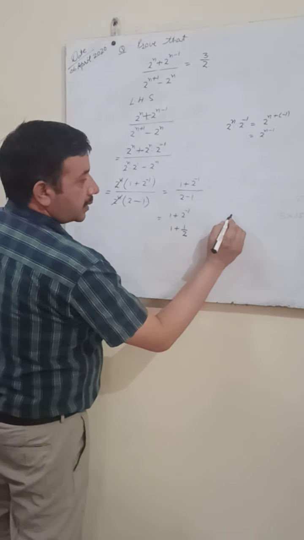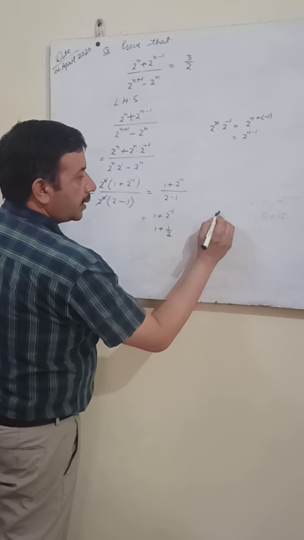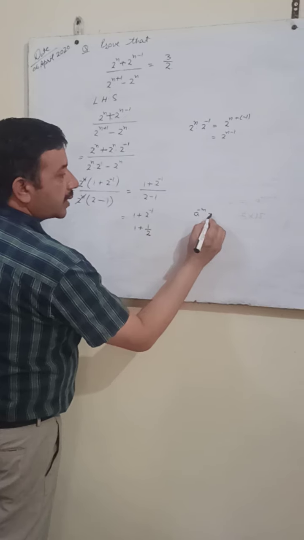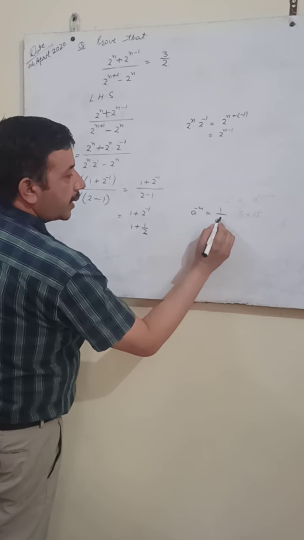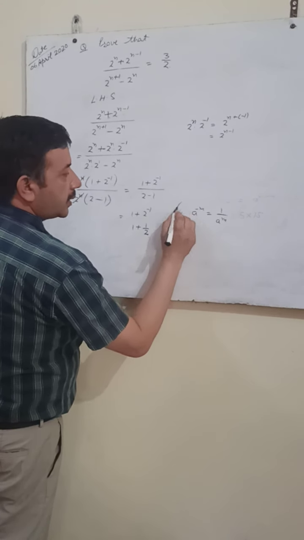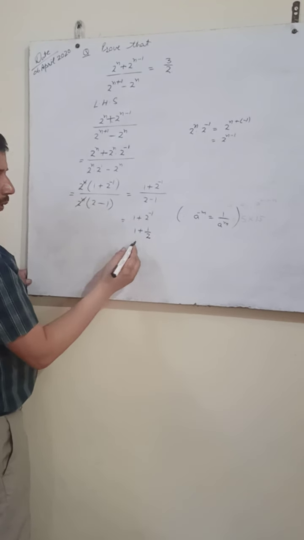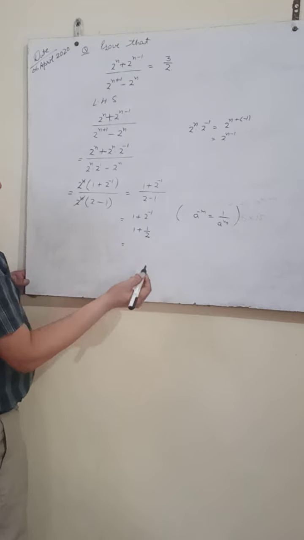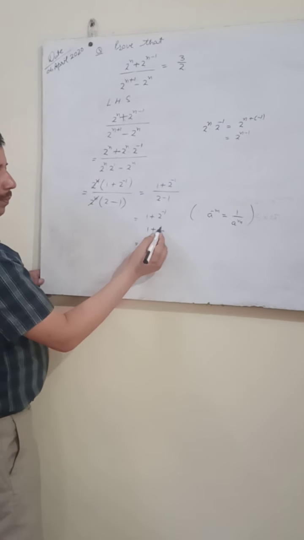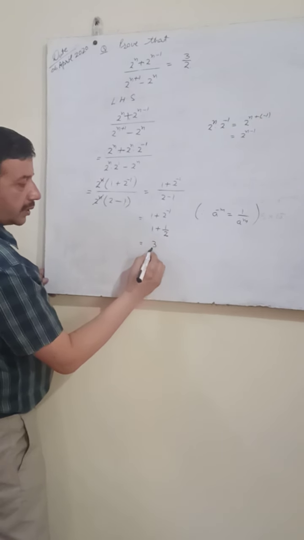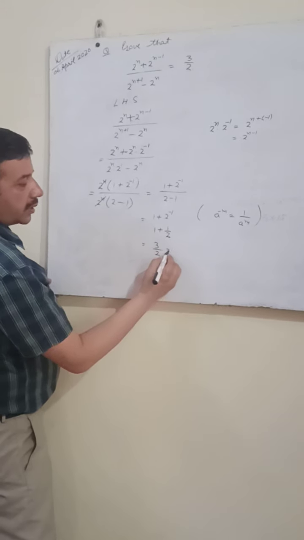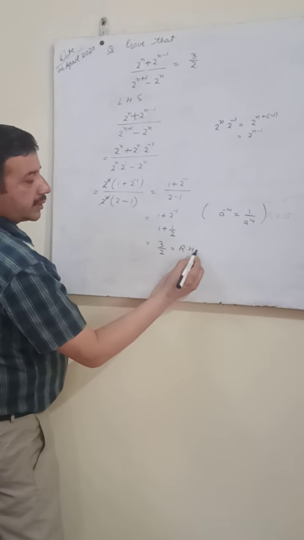Now as per laws of exponent, a power minus m is equal to 1 upon a power m. Using this rule, we can write 2 power minus 1 as 1 upon 2. Now simply add, taking the LCM: 2 plus 1 is 3, so it is equal to 3 upon 2, which is the right hand side.